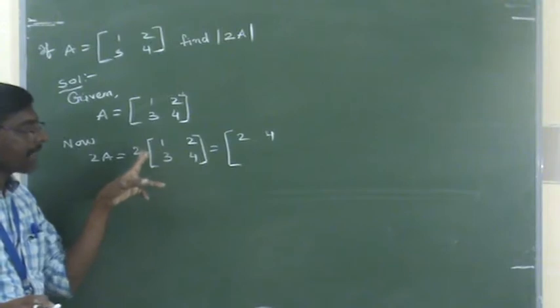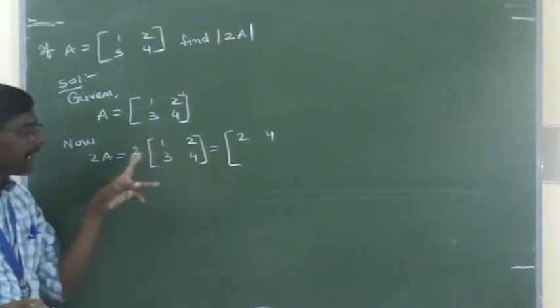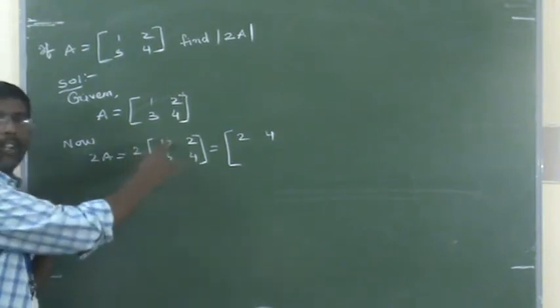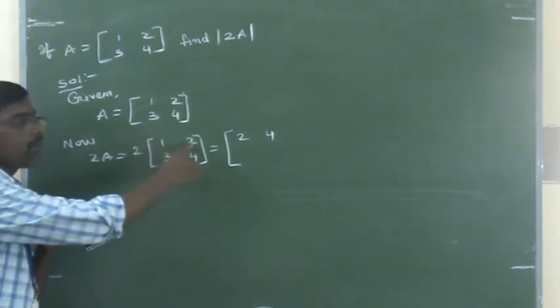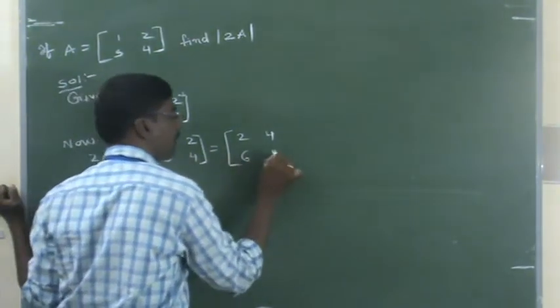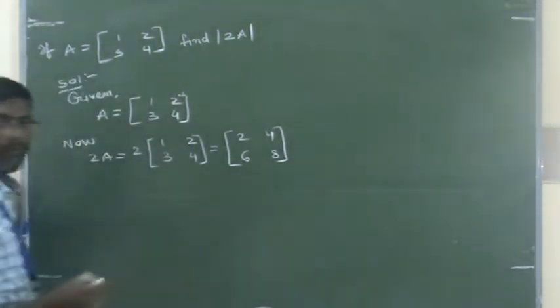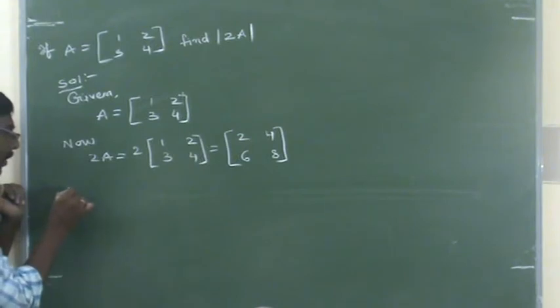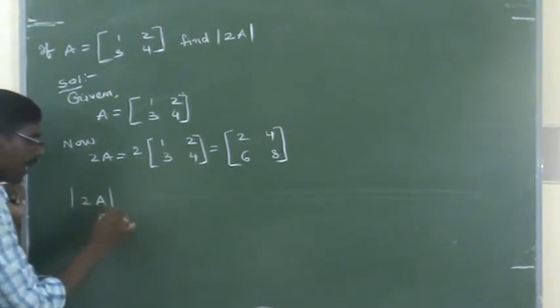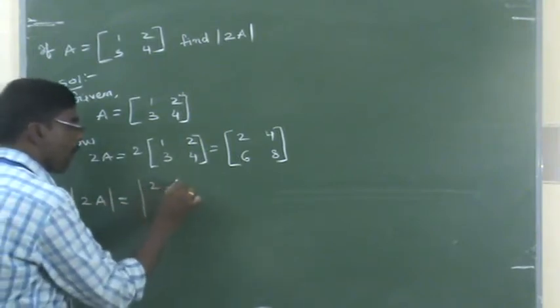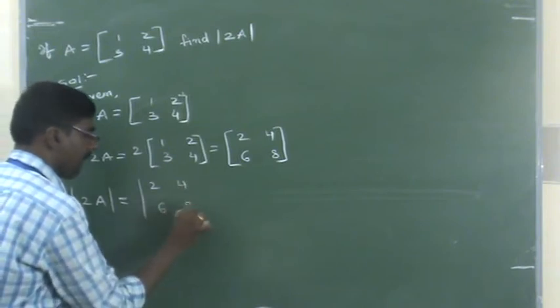A scalar is multiplied by the entire given matrix. This scalar is multiplied with each element inside the matrix. 2 into 1, 2. 2 into 2, 4. 2 into 3, 6. 2 into 4, 8. After simplification of 2A, the determinant of 2A is equal to the determinant of 2, 4, 6, 8.